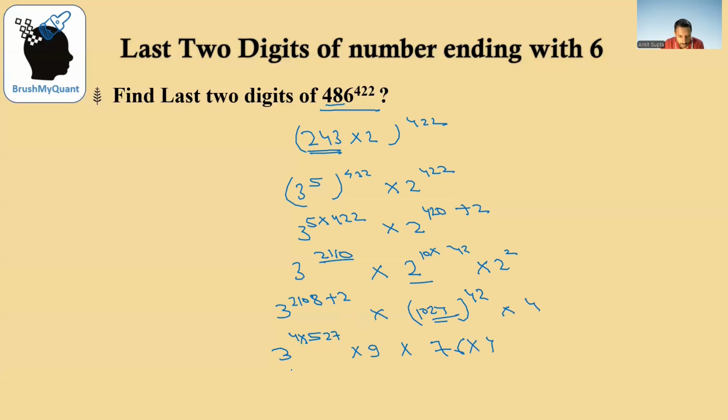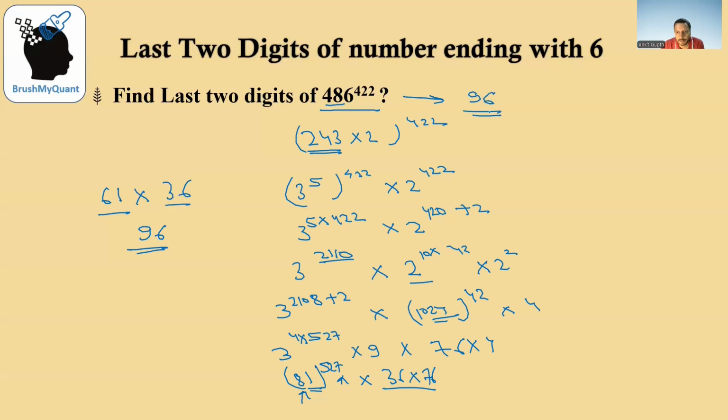Now this 3 raised to 4 becomes 81, so 81 raised to 527, multiplied by 9 into 4 becomes 36, multiplied by 76. Now the units digit is 1 raised to some power, so the units digit will be 1. Tens digit will be 8 multiplied by 7, so 6. So 61 into 36 into 76. 36 into 76 will give the last two digits as 36, and 36 into 61 will give the last two digits as 96. So last two digits of this number will be 96.